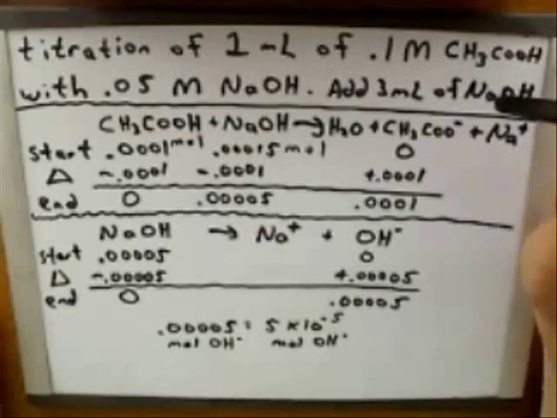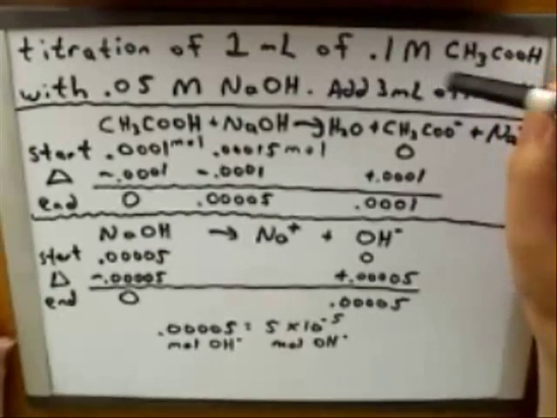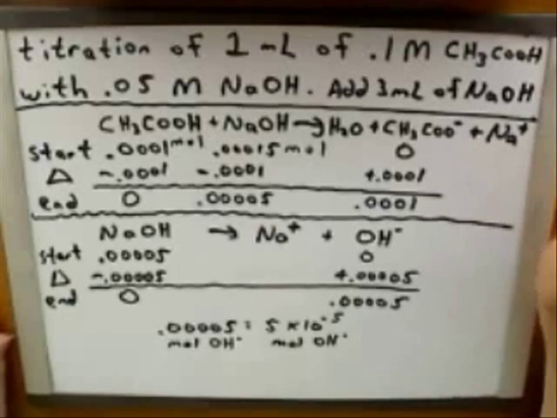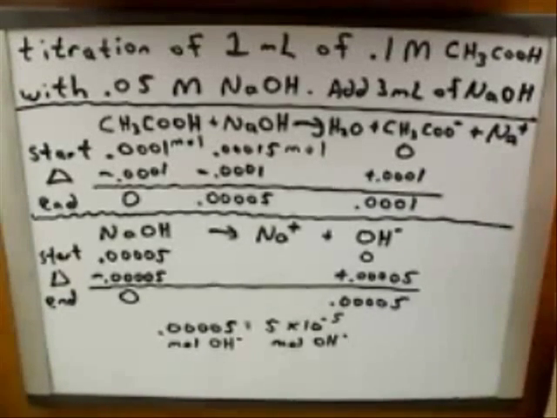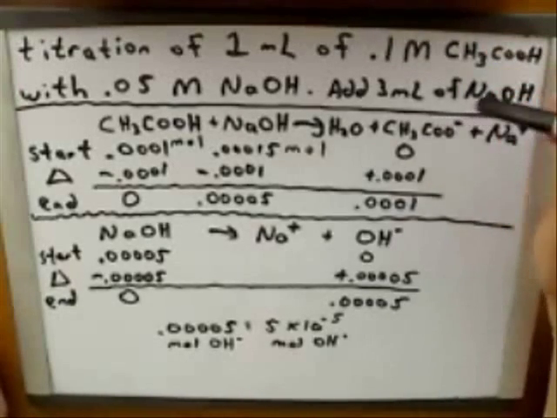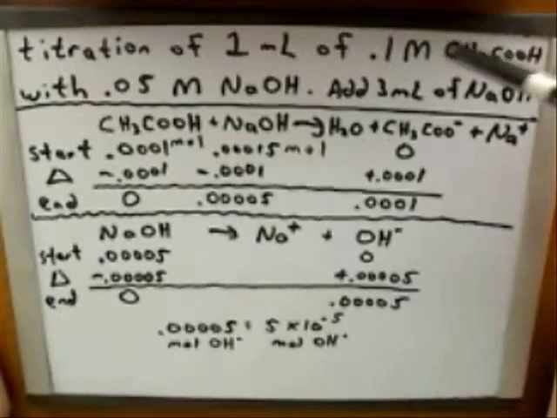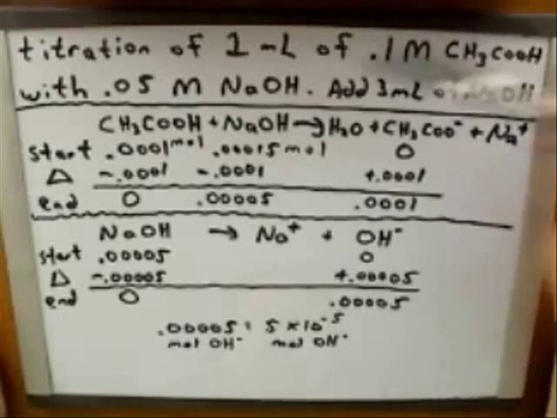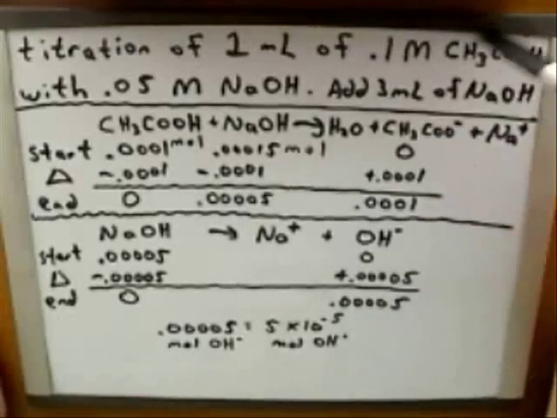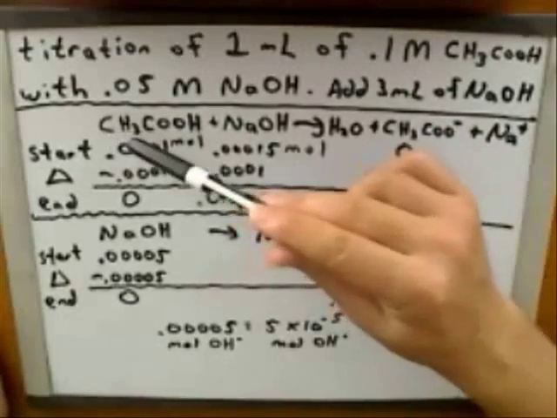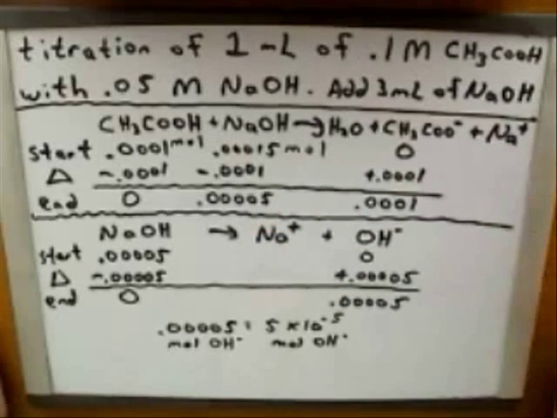I think that the most convenient thing to do when we are combining two solutions is to work in terms of moles. Because why is that more convenient? Because the number of moles doesn't change when we put these two solutions together. So for example, in the original pure acetic acid solution, when we just had the 1 milliliter of acetic acid, there was 0.0001 moles of acetic acid there.